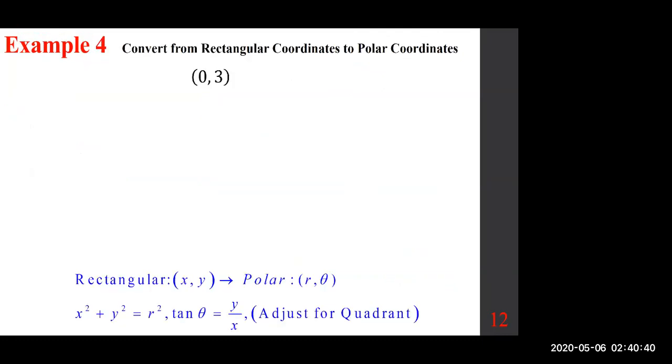We want to convert from rectangular coordinates to polar coordinates. And again, at the bottom, I have the general idea how we do that. Generally speaking, you want to graph it for the sake of finding theta. This is very straightforward. It's one of those questions that you should be able to answer in no time.